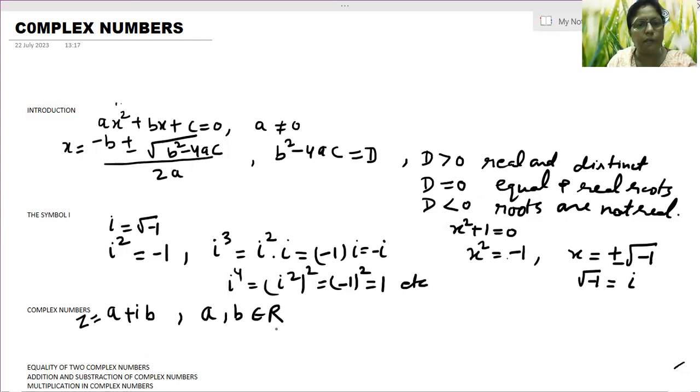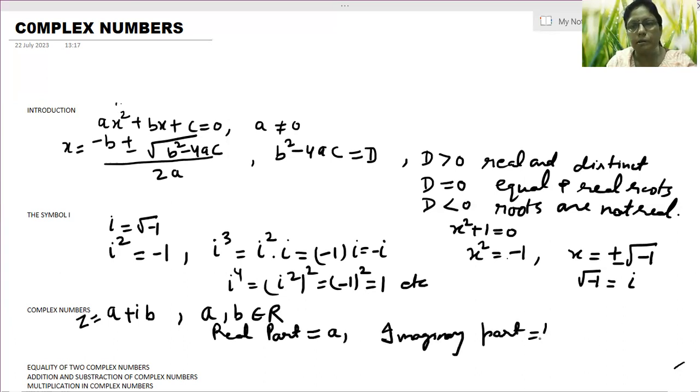z is equal to a plus ib. The numbers which can be written in the form of a plus ib are called complex numbers, where a and b both are real. Its real part of z, real part is a, and imaginary part is equal to b.